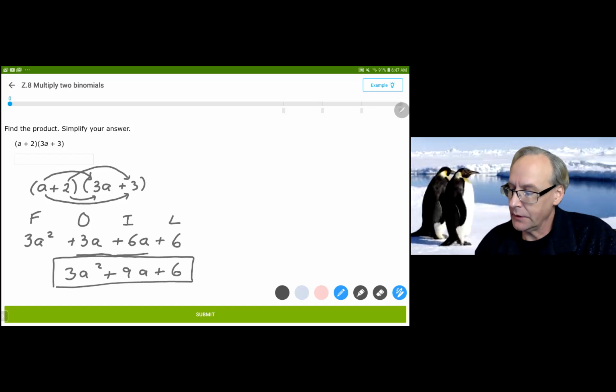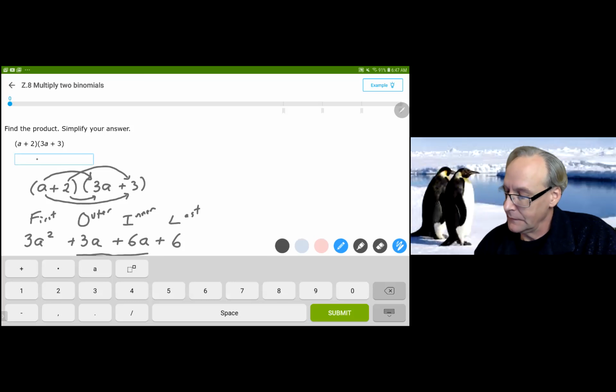First, outer, inner, last. 3a squared. Trust me, this is not enough, okay? Plus my 9a in the middle, plus my last term, which is 6.